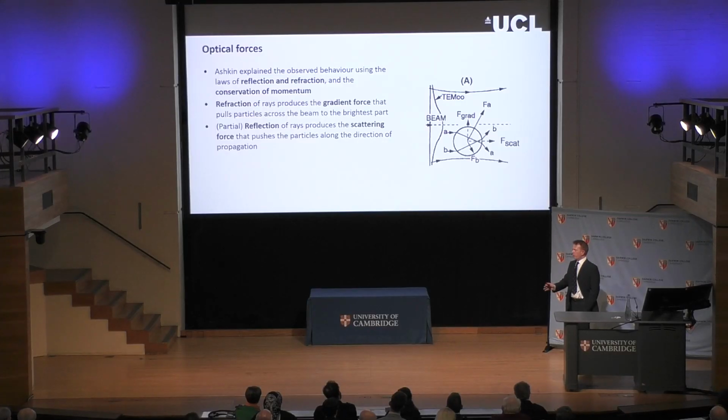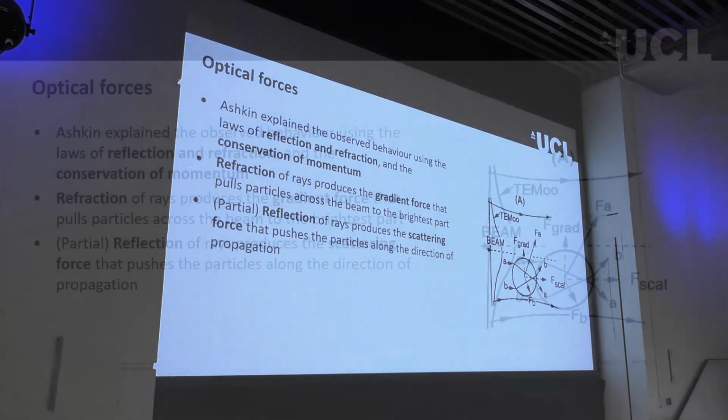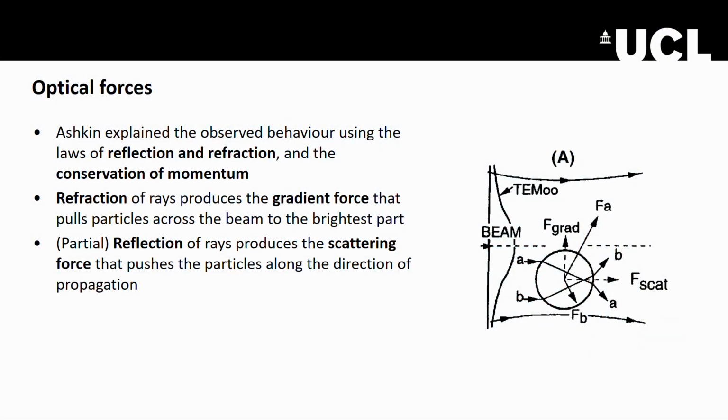Now, unfortunately, there are also rays, such as ray B, striking like the lower hemisphere of this particle, which are bent in the other way. Now, they will exert a force in the direction shown by the arrow FB. So two competing forces, however, ray A is closer to the axis of the beam. It has a higher intensity. So the force exerted by A is much greater. Okay?